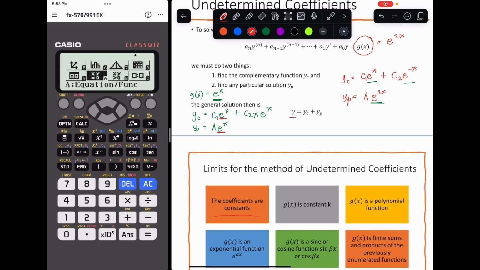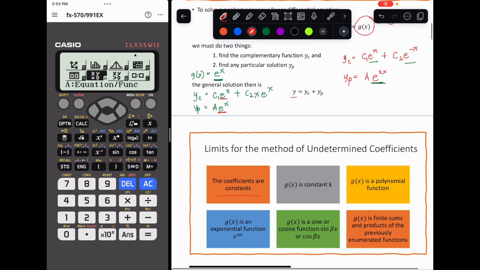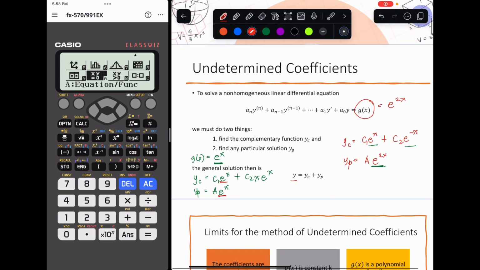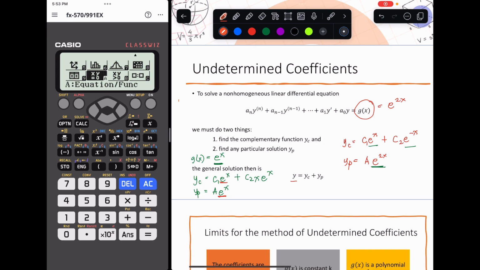And we do not want that, because remember, the solutions of our differential equation should be linearly independent of each other. That is, the Wronskian should not be equal to 0. For example, let's say our general solution is yc plus yp.